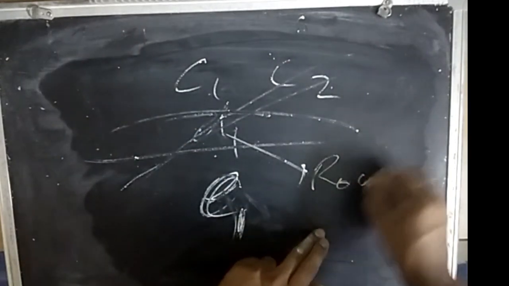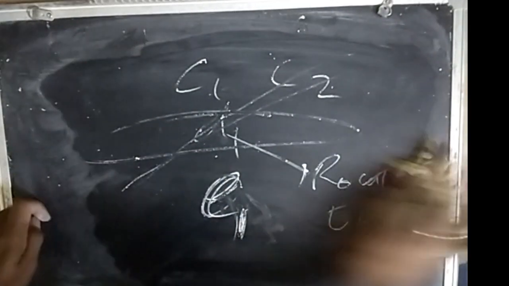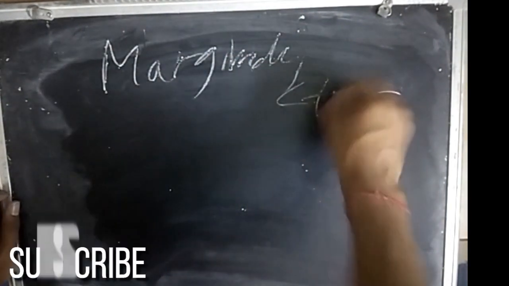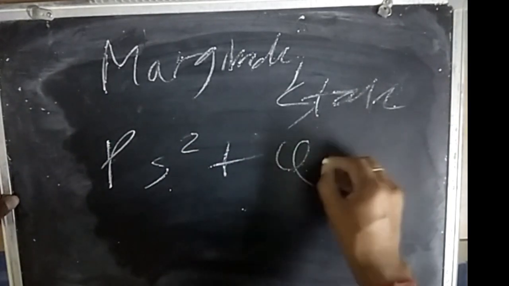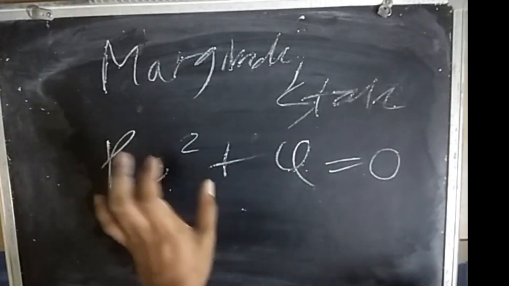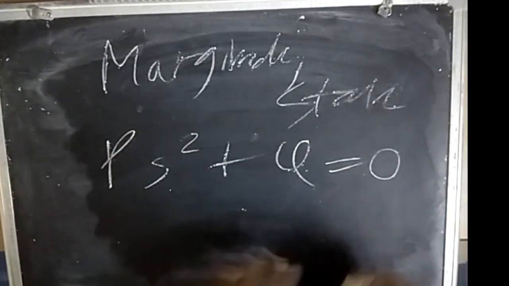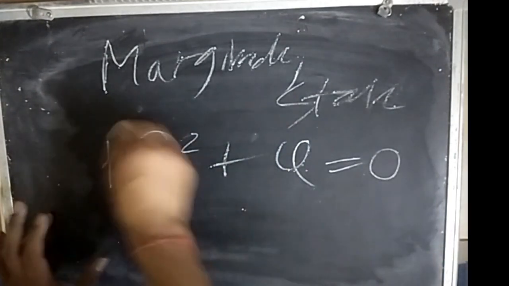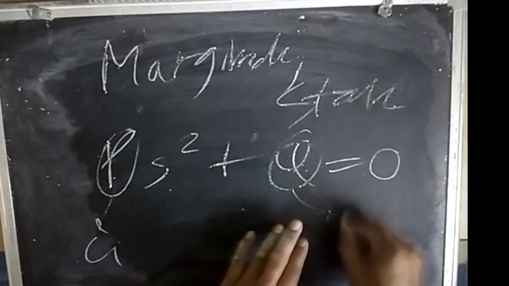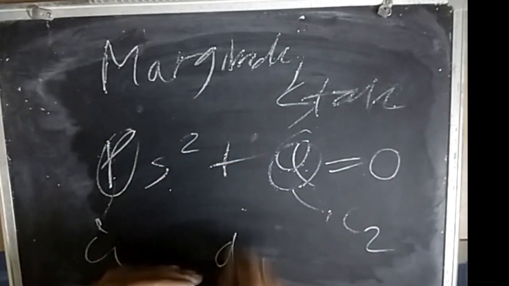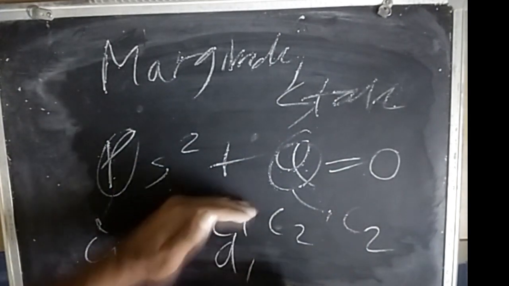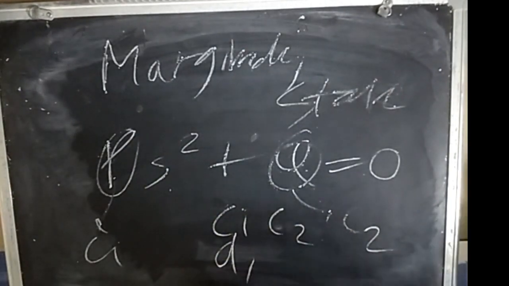One above this would be my root element, and my system would be marginally stable when we have imaginary roots, when p s squared plus q is equal to 0. This is how we can find the imaginary roots. To find this, p is actually c1 and q is c2. Above the root element was d1.